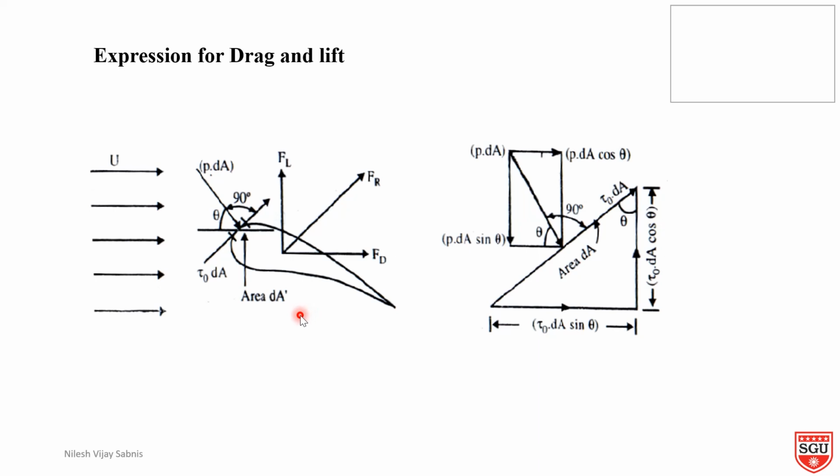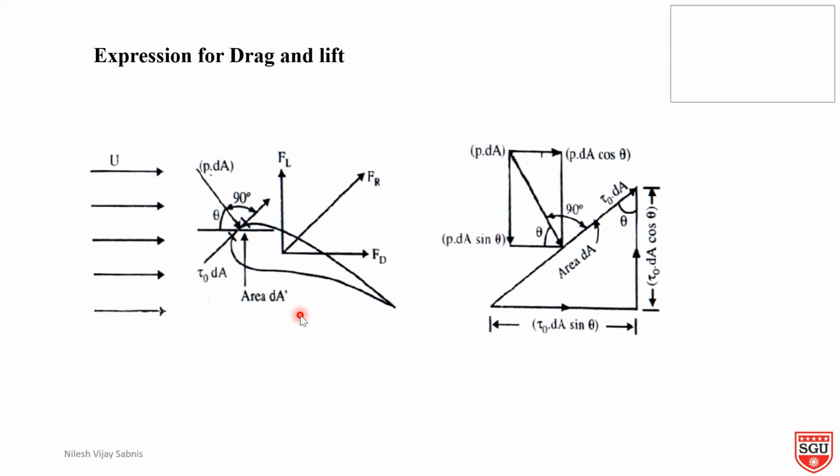In that case, only drag force acts. If the fluid is assumed ideal and the body is symmetrical, such as a sphere or cylinder, both drag and lift force are 0. Now we will see the expression for drag and lift.